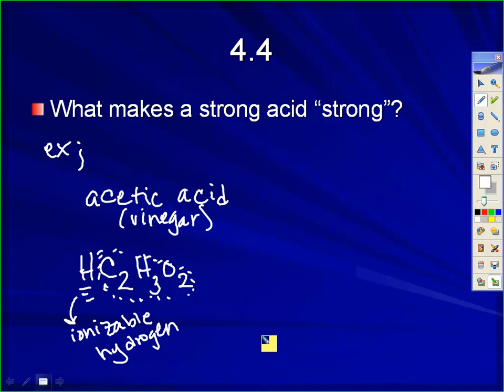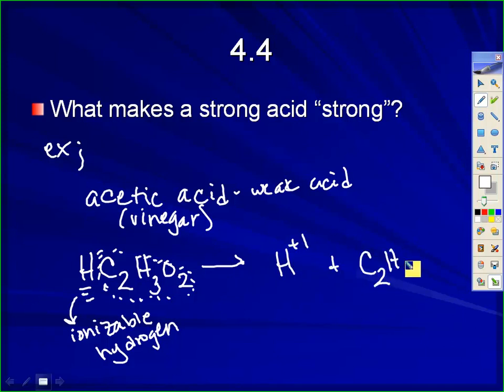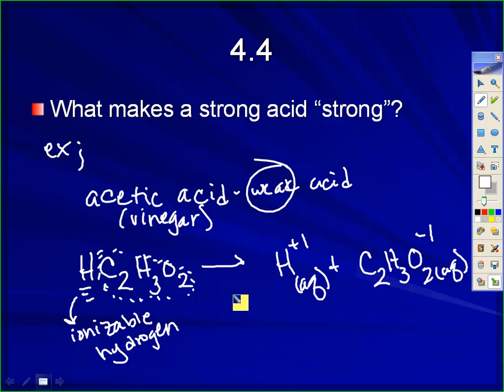Acetic acid is a weak acid. It's not a strong acid. So when it hits the water, some of it will dissociate and become H+1 and C2H3O2 minus 1, both aqueous, dissociated into its ions. But since this is a weak acid, this is not going to occur nearly as much as something that is stronger.